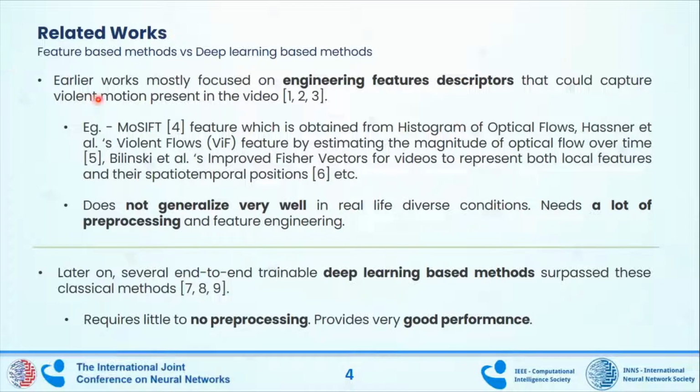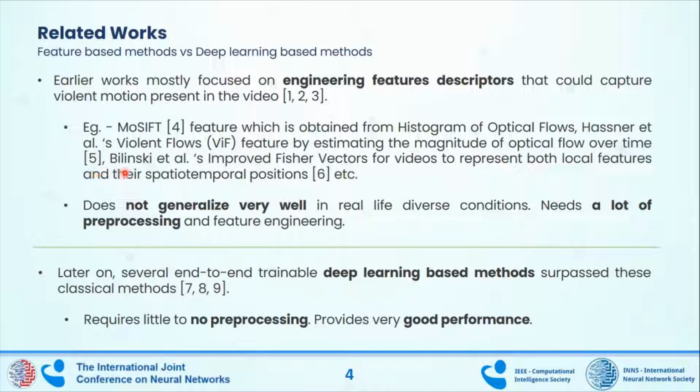Now let's look at the related works in the field of violence detection. Earlier works were mostly feature-based methods, which focused on engineering various feature descriptors that could capture the motion present in the video. One such feature was MoSIFT or motion SIFT, which was obtained from histogram of optical flows. Then Hassner et al. proposed the violent flows feature, which was estimated by estimating the magnitude of optical flow over time.